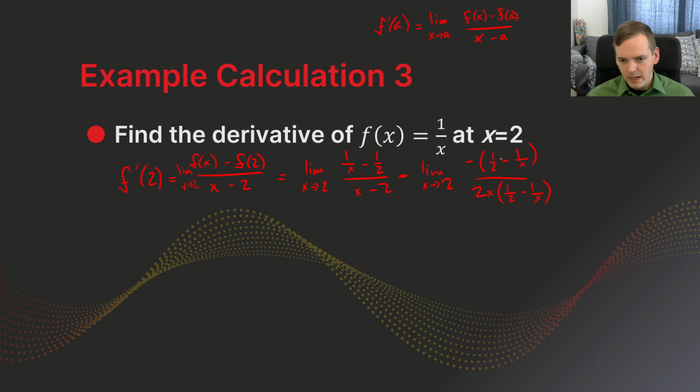Now you'll notice that I have these nice terms that match, so they cancel. And then we get limit as x approaches 2 of negative 1 over 2x, which should equal negative 1 over 4. So in other words, f prime of 2 is equal to negative 1/4.